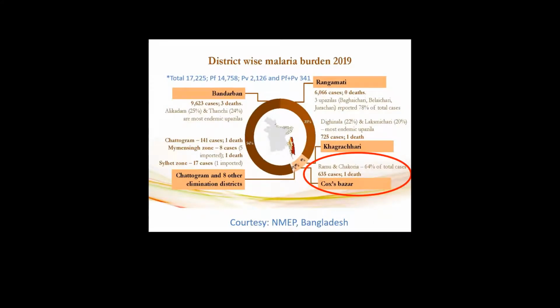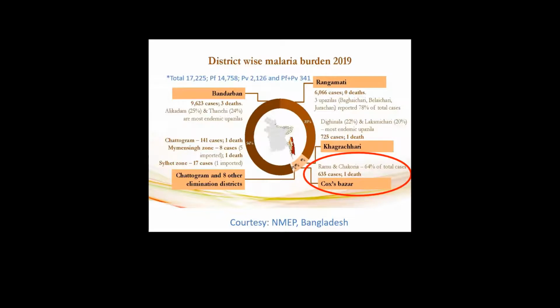I mentioned that we had 29 medical technologists from endemic areas. They were selected from 4 endemic districts: Bandarban, Rangamati, Khagrachari, and Cox's Bazar. If you look at the 2019 malaria data that I collected from NMEP, 95% of our total cases were reported from Bandarban, Rangamati, and Khagrachari, collectively known as the Chittagong Hill Tracts districts, and Cox's Bazar contributed 4%.